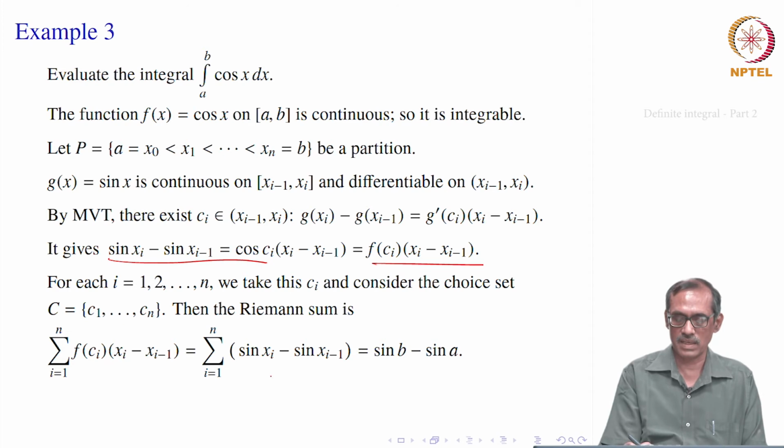As earlier in the constants case, it is sin of x 1 minus sin of x 0 plus sin of x 2 minus sin of x 1 and so on. Many things cancel out, only the first and the last remain. So, you get sin of x n minus sin of x 0, that is sin b minus sin a.